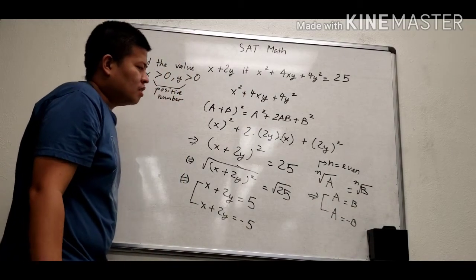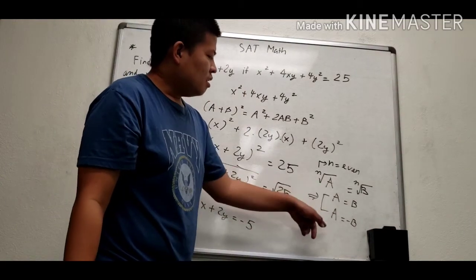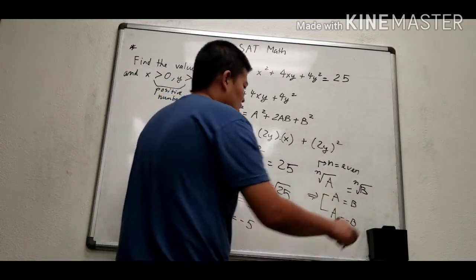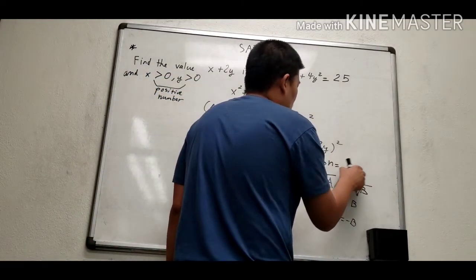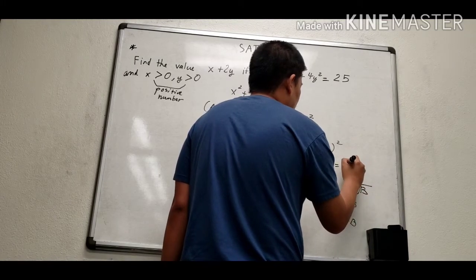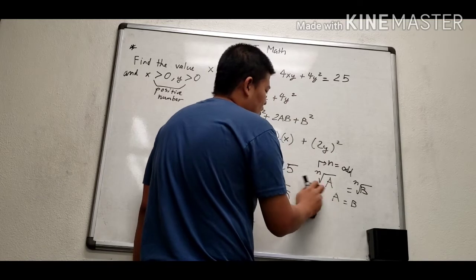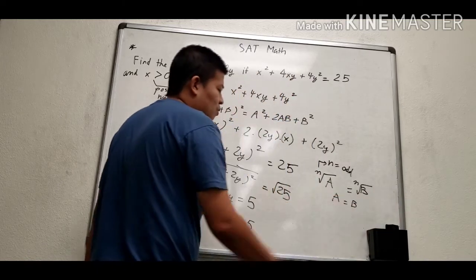You can see that they can provide positive and negative numbers. If they have the odd in here, they can provide only one, a equal to b.